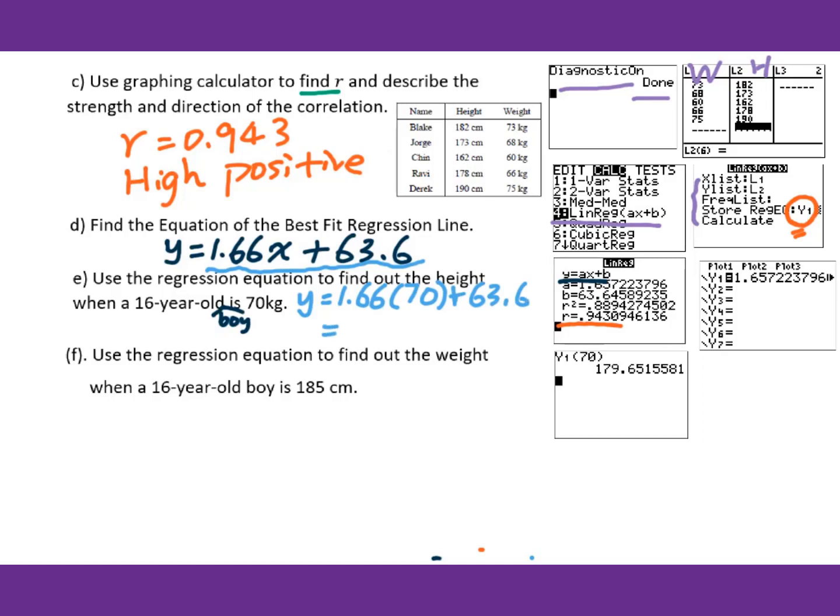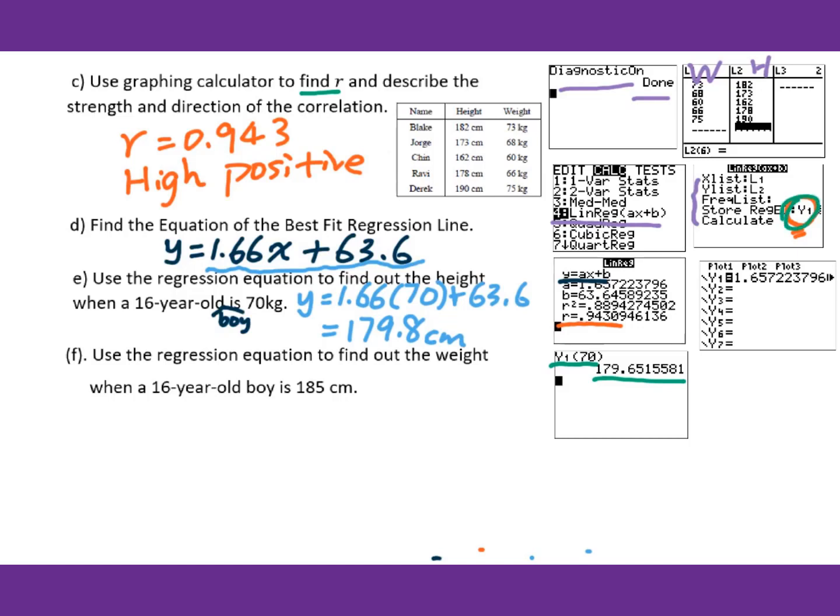You will get the answer 179.8 centimeters. Or you can go to the calculator. We just do Y1 of 70 equals 179.651 and so on. Either way will be fine. That's the reason we store the regression equation in Y1.